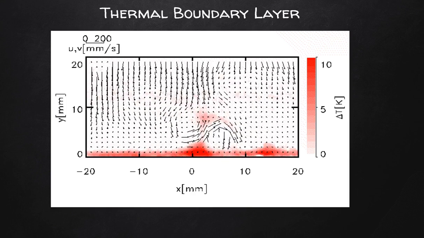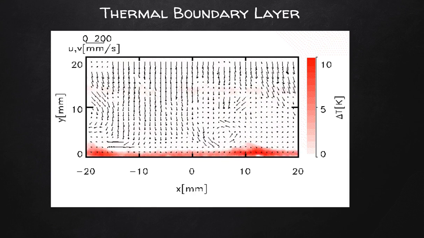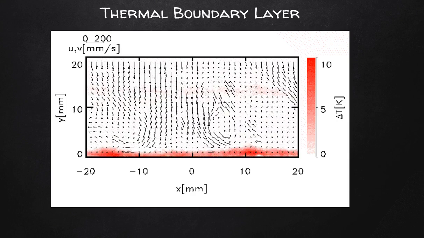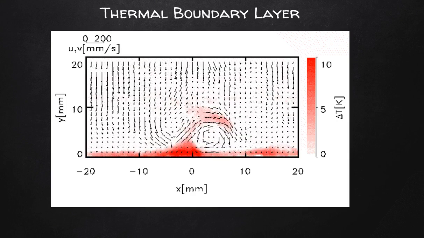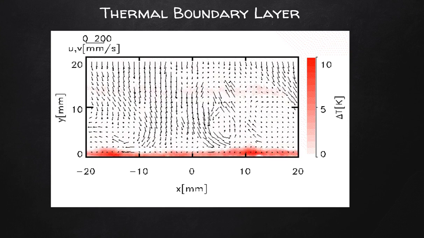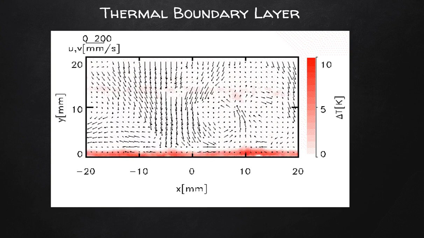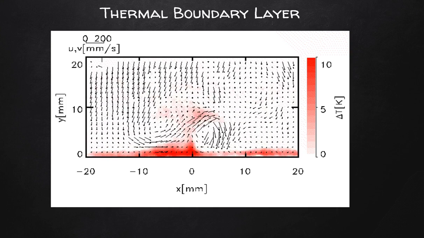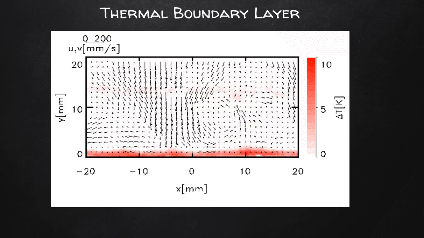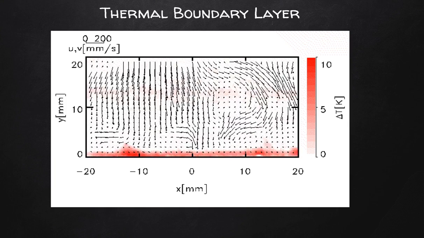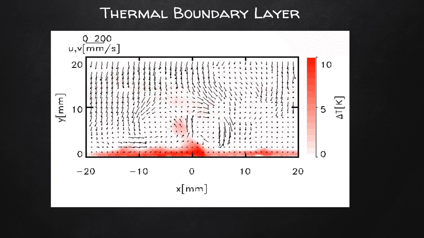Consider how we define density for an ideal gas as the molecular mass m multiplied by P over RT, where the density is therefore inversely proportional to temperature. Therefore, the fluid shown here closest to the hot surface at the bottom would have a slightly lower density than that of the fluid above it.